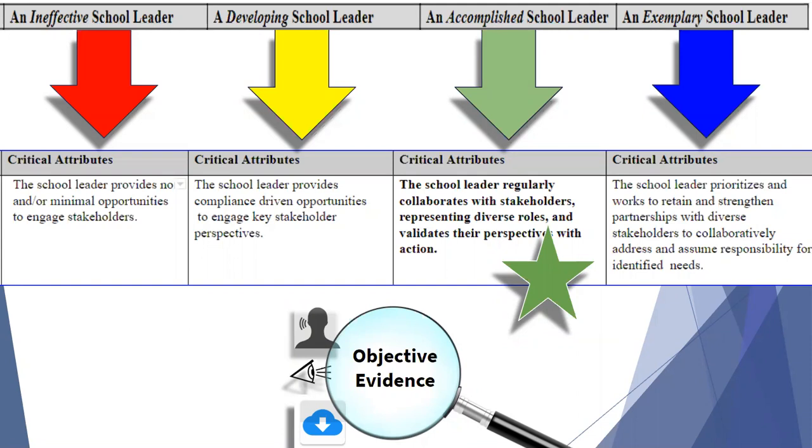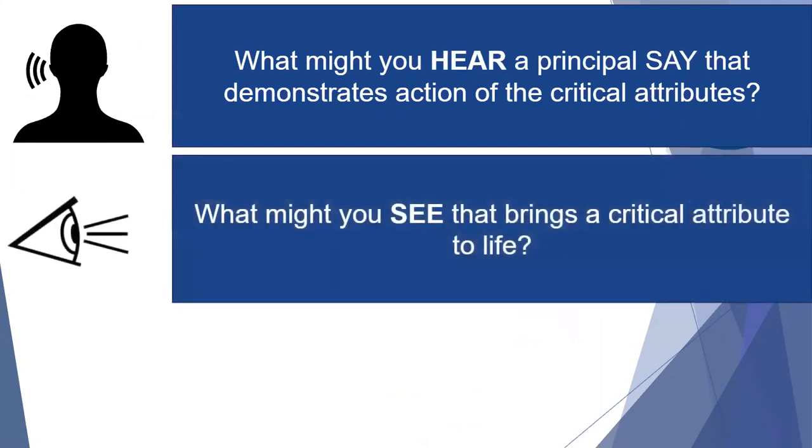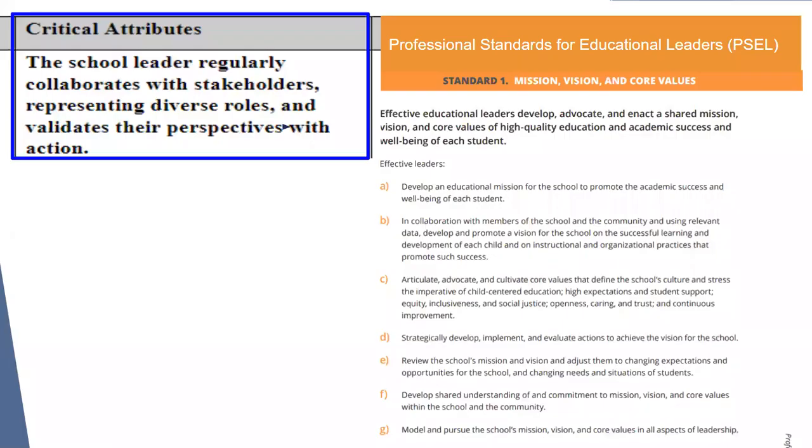So let's consider the following. What might you hear a principal say that demonstrates action of the critical attributes? What might you see that brings a critical attribute to life? What artifacts might you examine to deduce the level of application? With those questions in mind, let's review an evidence source that is connected to a critical attribute at the accomplished level.